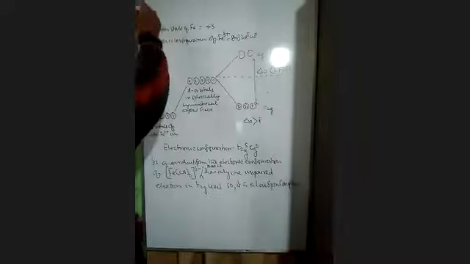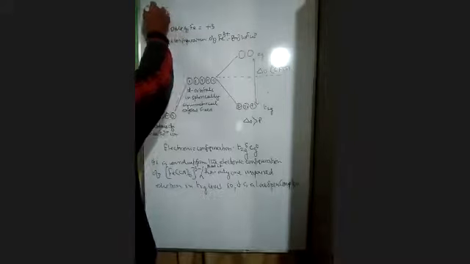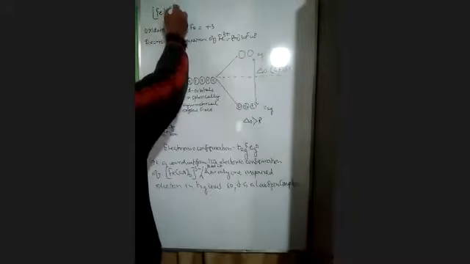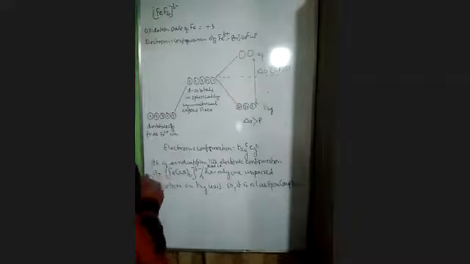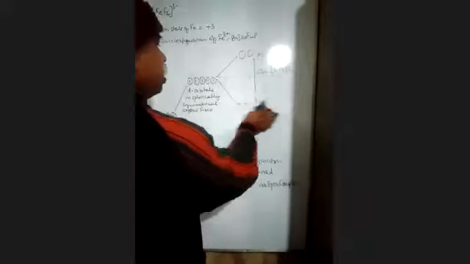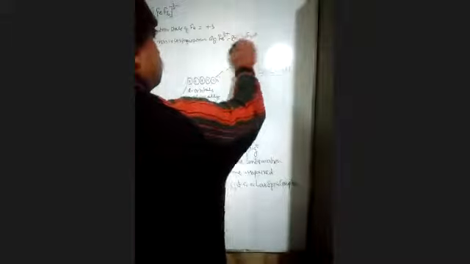So here Fe F6 3-. Up to this much is the same. See, please remember, fluoride is a weak field ligand. So what will happen?